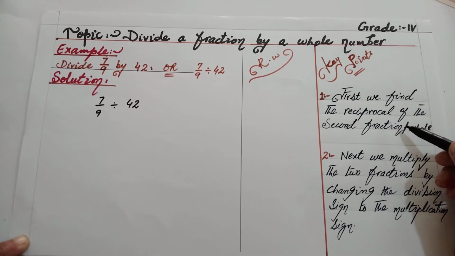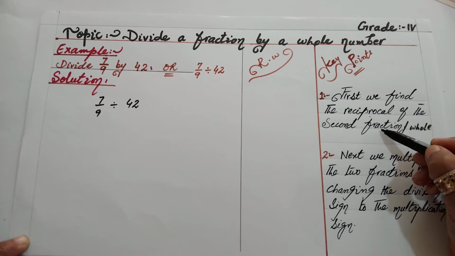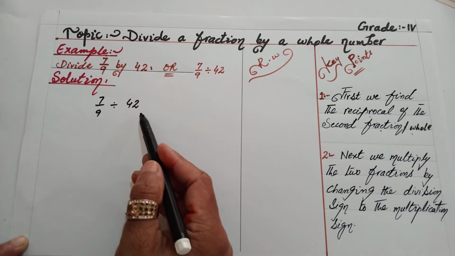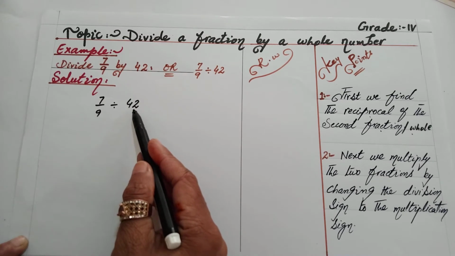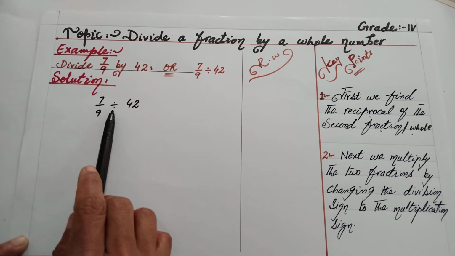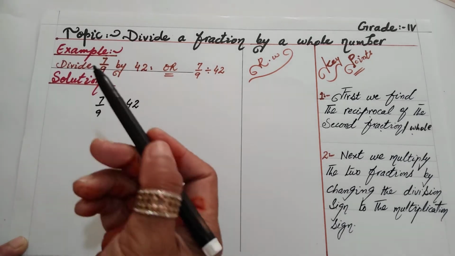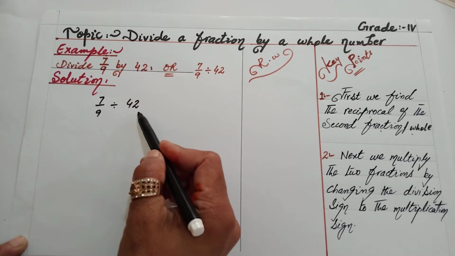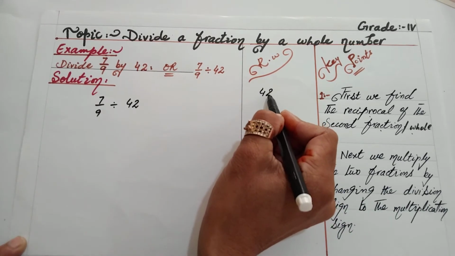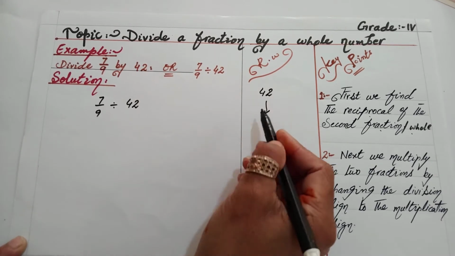Whatever is the second one, whether it's the fraction or whole, you have to find the reciprocal of it. So as we have 42, we have to find the reciprocal of 42, as well as we will change this division sign to the multiplication sign. So firstly we have to find the reciprocal of 42 according to the first step. As 42 is our given whole number, we have to find the reciprocal.